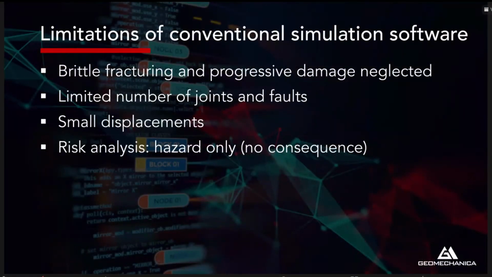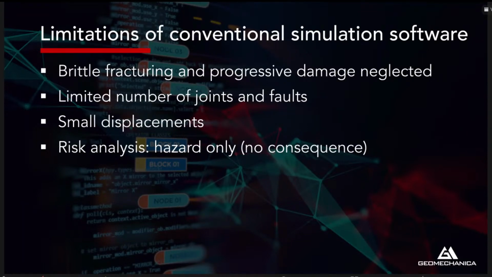So why did we start developing our own simulation tool? This was mostly due to the limitations of conventional software packages, which could be numerous depending on what kind of conventional simulation tool you look at. But what's common between most of them is that they neglect brittle fracturing and progressive damage in the rock, which we know plays a key role in the performance of, for example, open pit slopes or underground excavations.